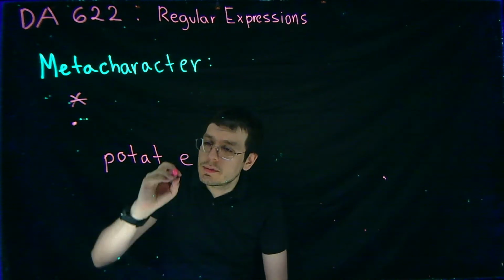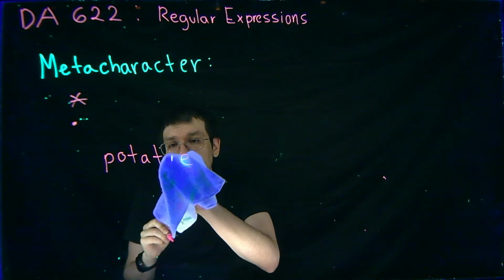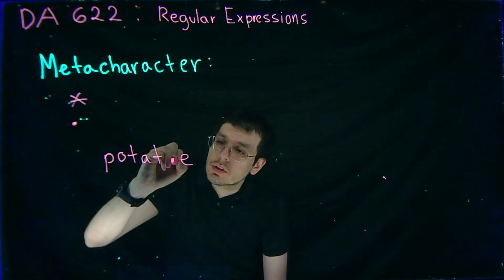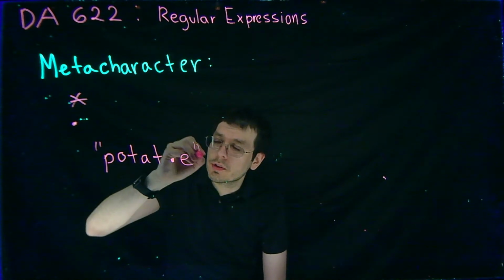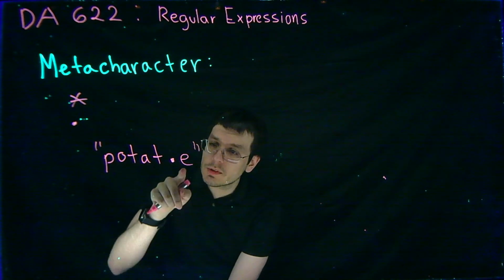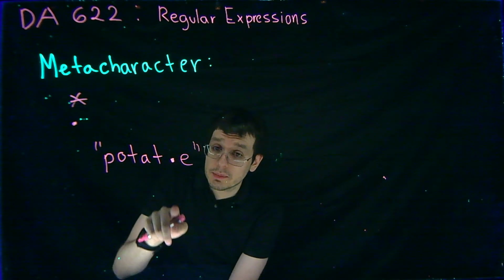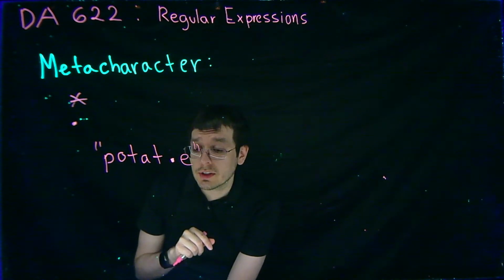If they put potato, potati, or just potato, then what you do is you use a dot. And this is just like a period, not a middle dot or something, okay? And that would be your expression. So this could be anything except a new line, so no line feed. It could be a space even, like you could even just have a potat space E, okay? And that's what that's going to stand for.